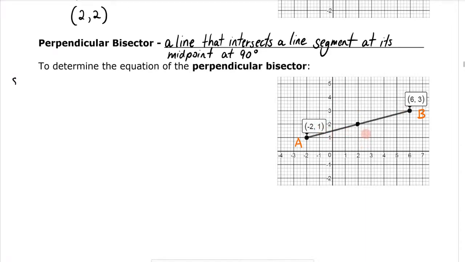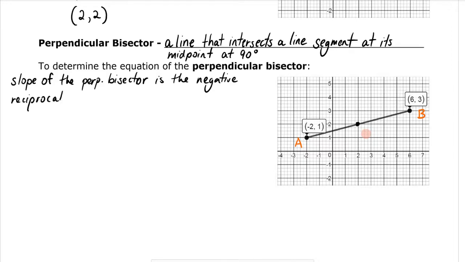So the slope of the perpendicular bisector is the negative reciprocal of the slope of the line segment.